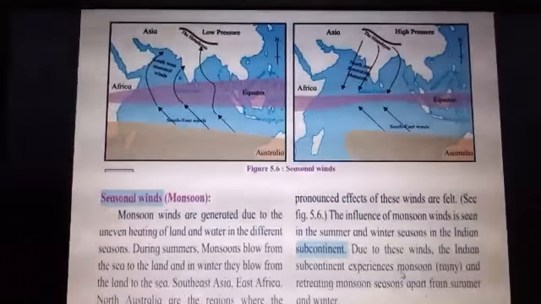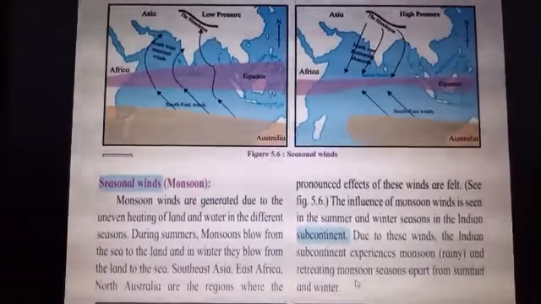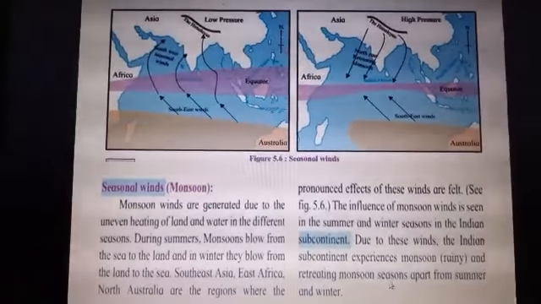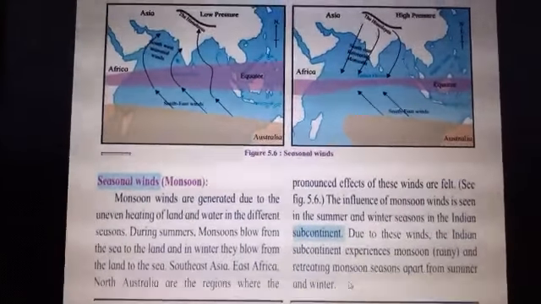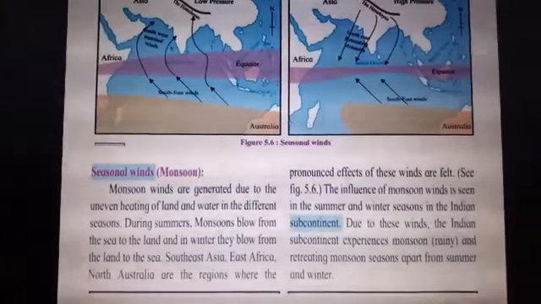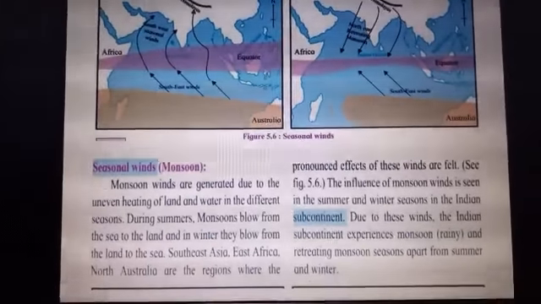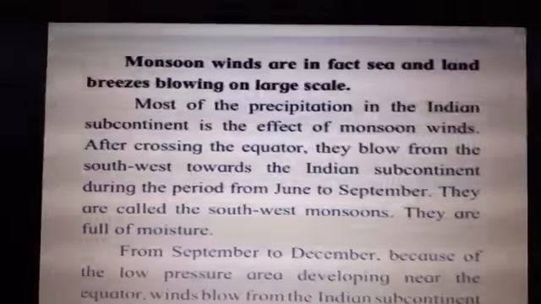So what we are getting? We are getting rains because of the southwest monsoon winds and retreating monsoon seasons apart from the summer and winter season. Okay. So we are getting the rainfall mainly because of the seasonal winds, which are also called the monsoon winds. Let us see the next paragraph, children.